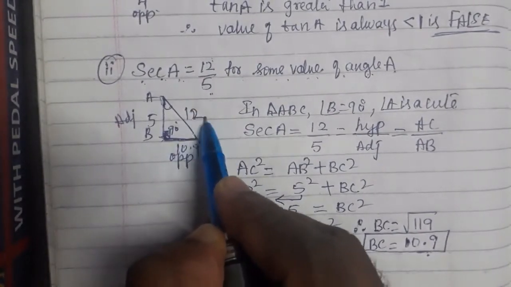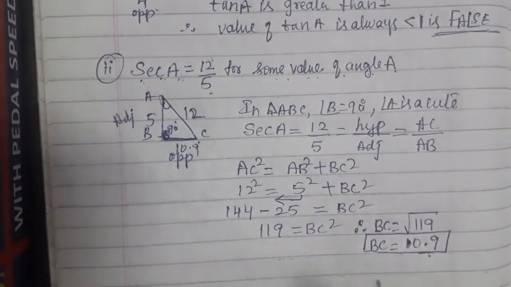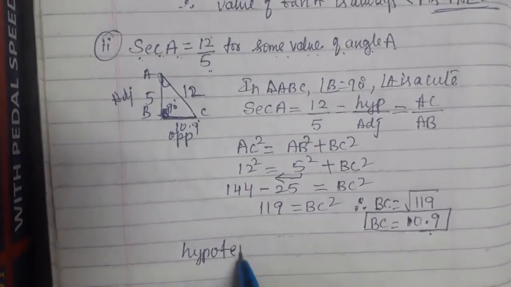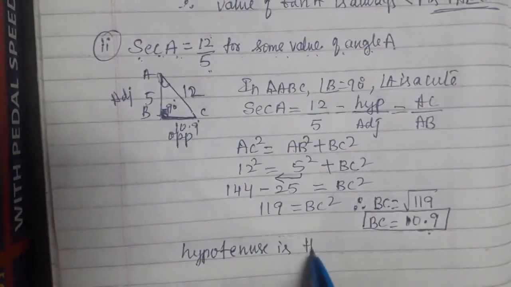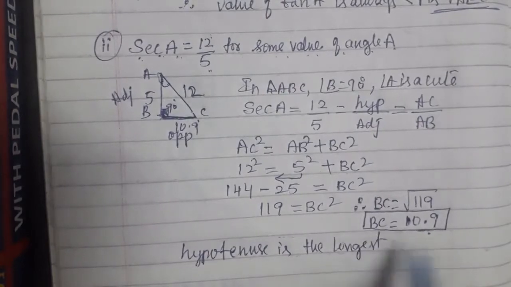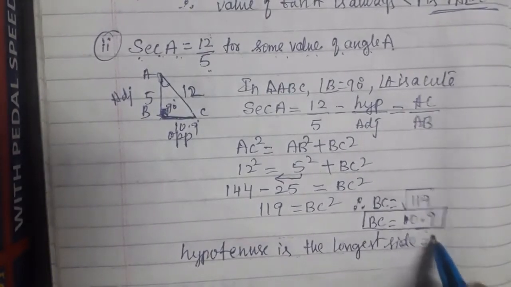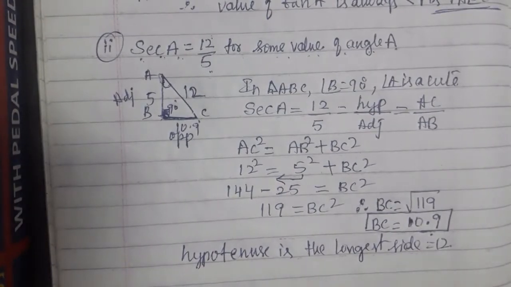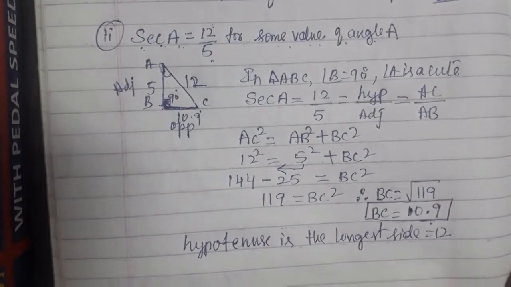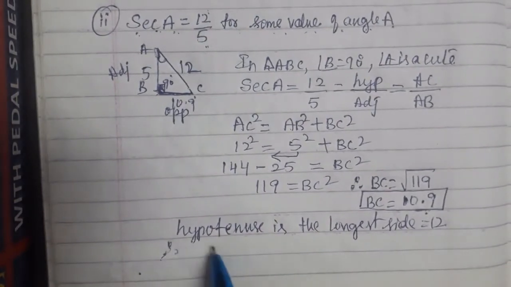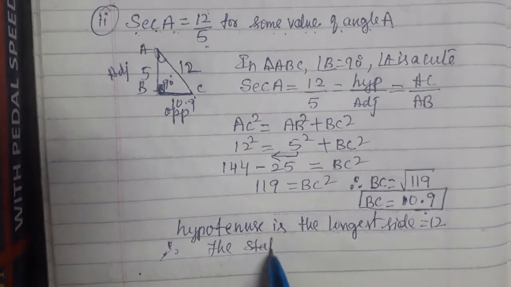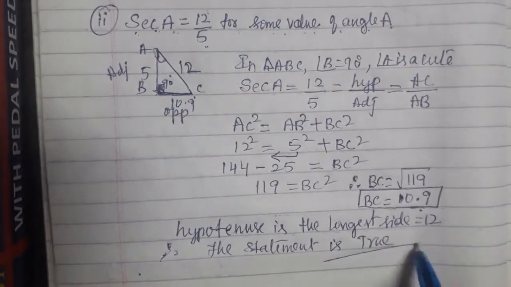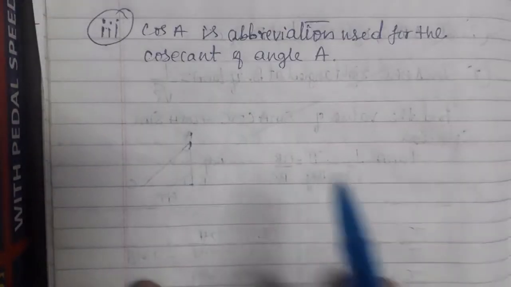Therefore, hypotenuse is the longest side, with a measurement of 12 centimeters. So what you can say is the given statement is true. We have justified it and found that the statement is true.